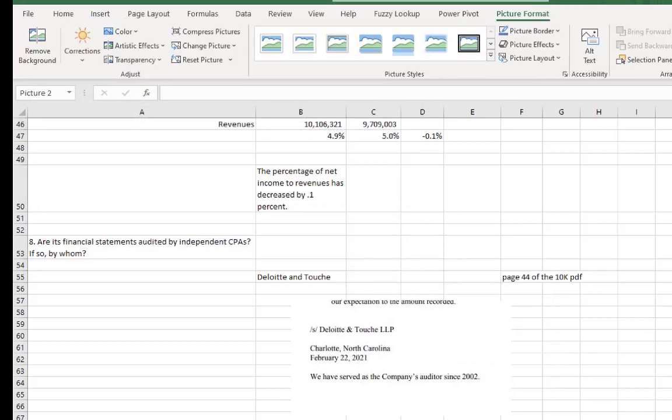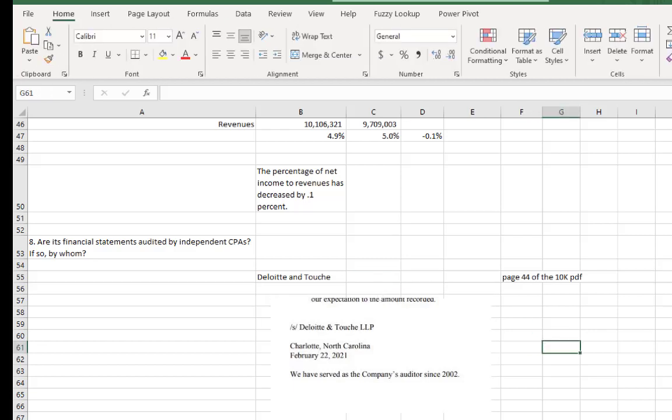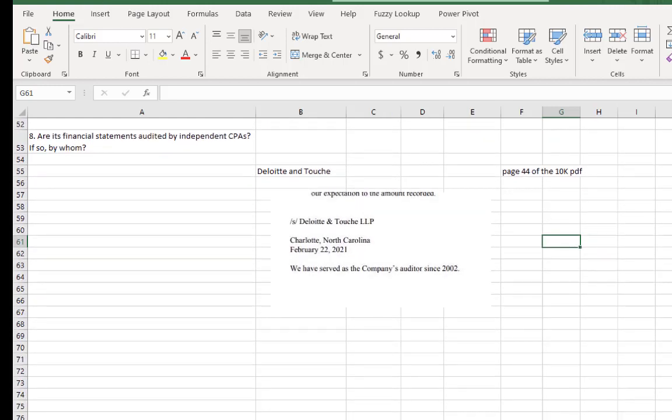Now, I can move this right here so that it's not blocking my reference. Okay? And you can see they have been the company's auditor since 2002. So I'm going to save this. And go down, and I think this is going to be my last question for this chapter.